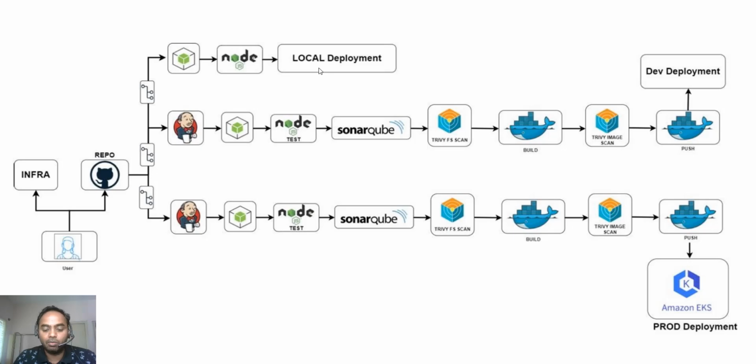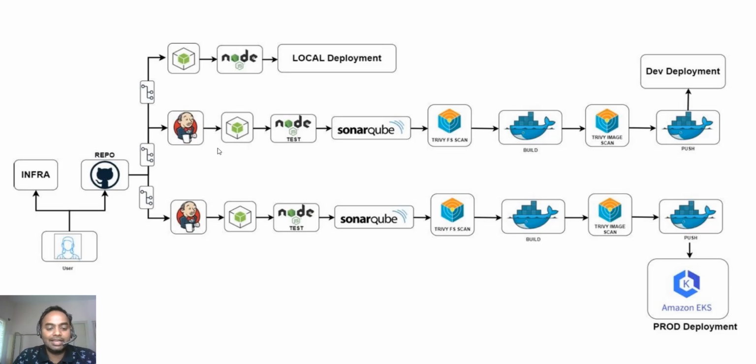Once that is done, they inform the DevOps team that they can proceed with creating the pipeline to deploy the application to a lower environment like the dev environment. Then we are going to create the Jenkins pipelines, writing the pipeline to install the application dependencies.